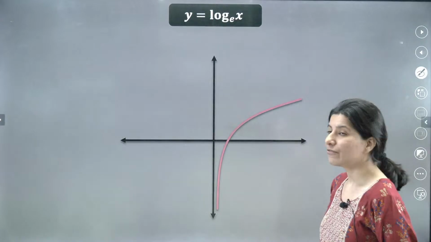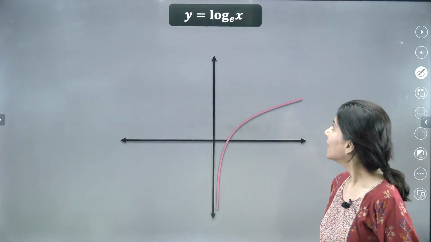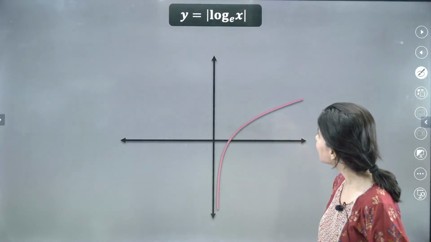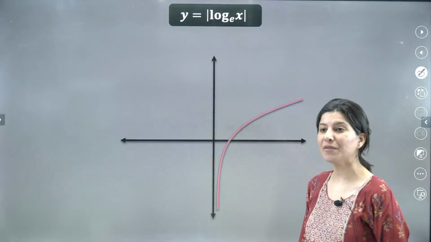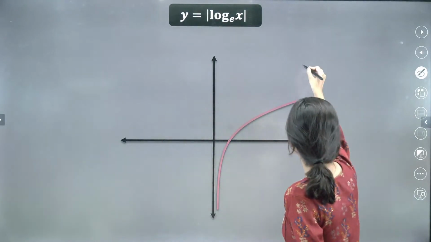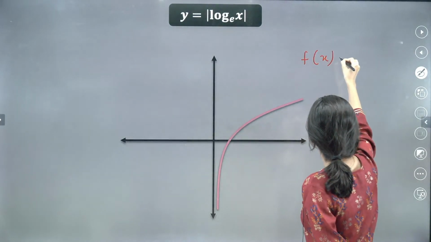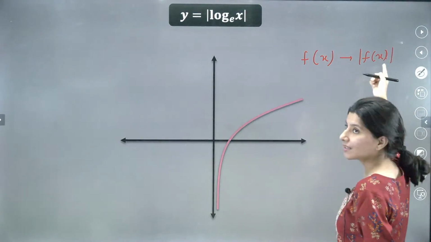Now tell me graph of log x. Graph of log x is this. Now what you have to tell me is graph of mod of log x. Just tell me what to do. Mod of log x. So this is actually f x to mod of f x. What do we do in this?